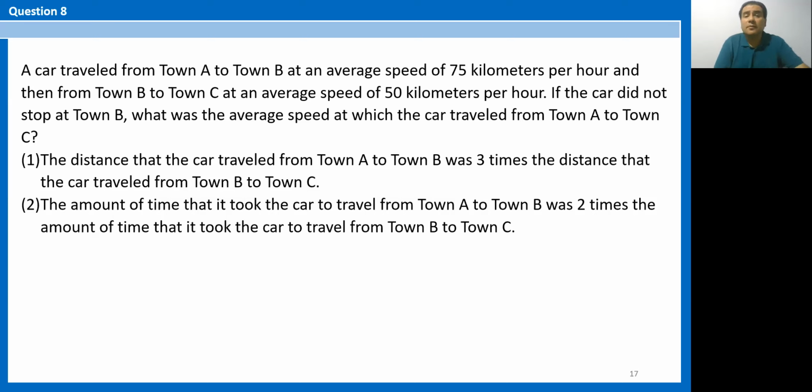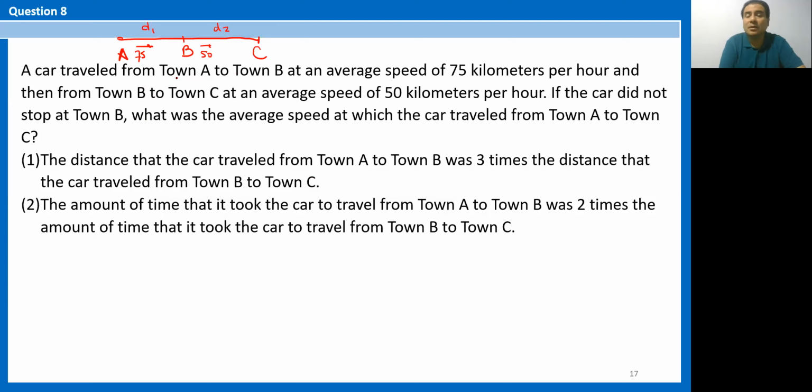All right, if we graph this, we have the following, right? We have town A, a certain town B, a certain town C. In the first span, there is some distance, I don't know. I know the speeds, 75 here, and here 50.